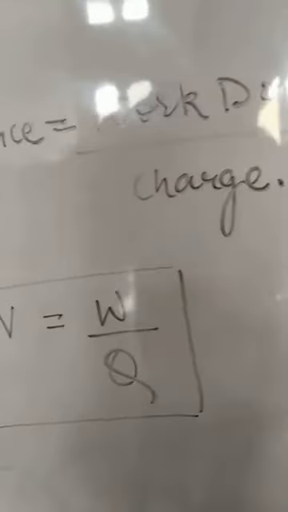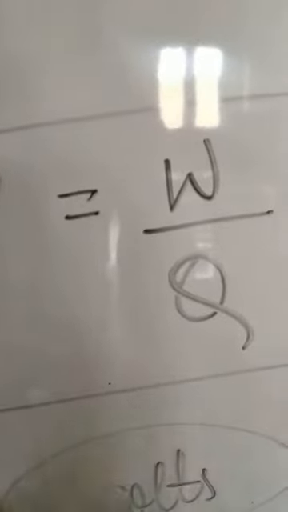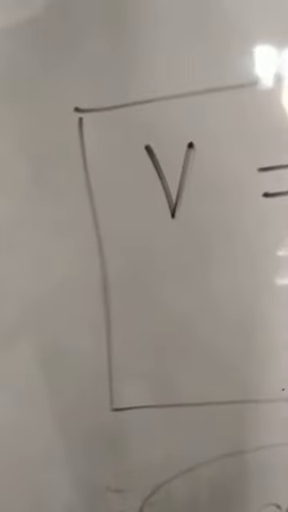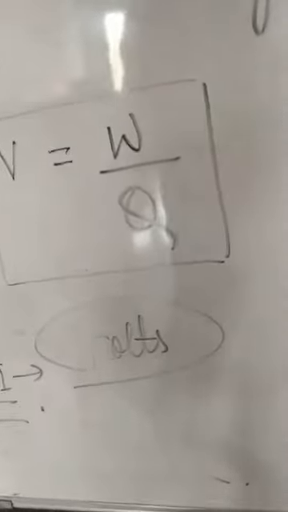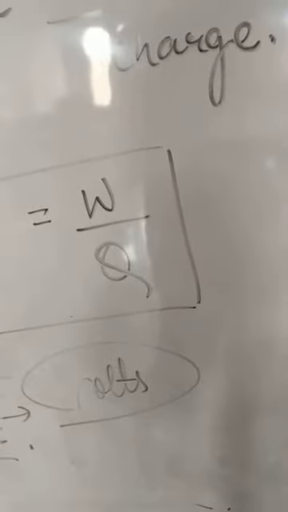The SI unit of electric potential difference is the volt.